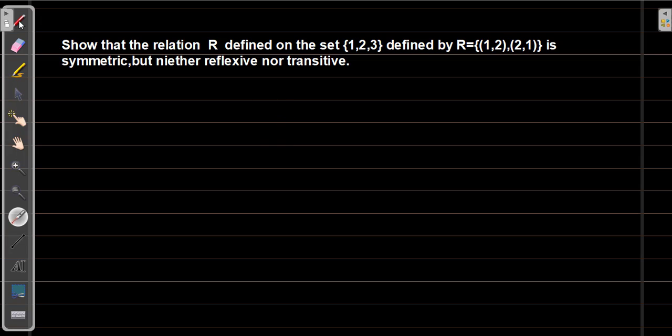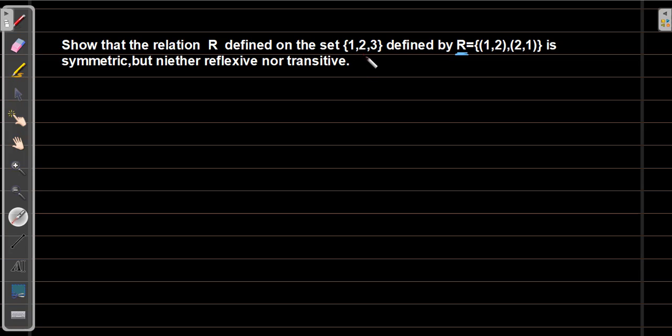Now, we know that when our relation is reflexive, since there are three elements in the set, each element in this set must be related to itself. That means 1 should be related to 1, 2 should be related to 2, and 3 should be related to 3.